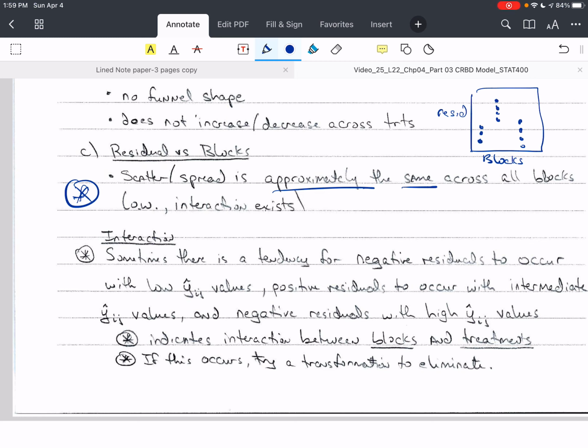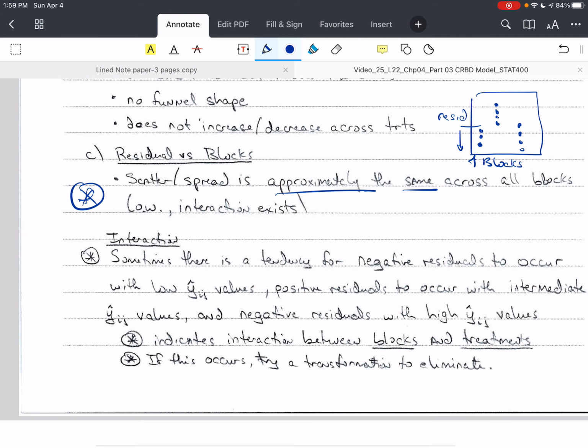Something where we see low values of residuals with the early blocks, and then intermediate residuals for the middle block, and then for the other block we would have negative residuals with high Y hat values.